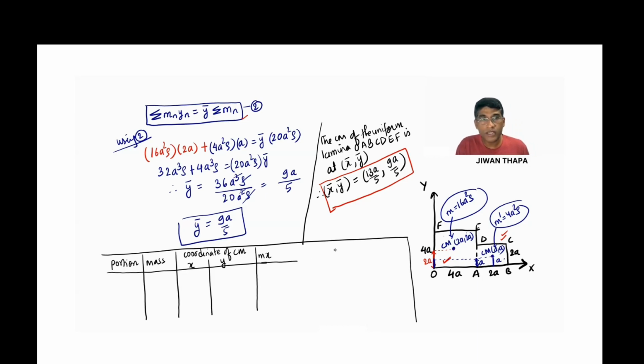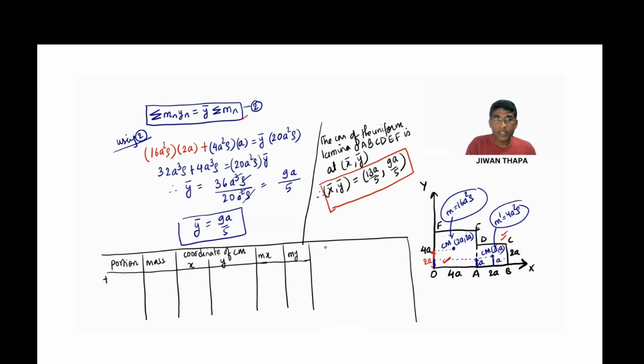So I'm writing in this way, mx, my, okay. So we have this. Now what do you find? We have two portions, or two parts. They are combined to form a single composite lamina. So I'm using this, okay, plus.